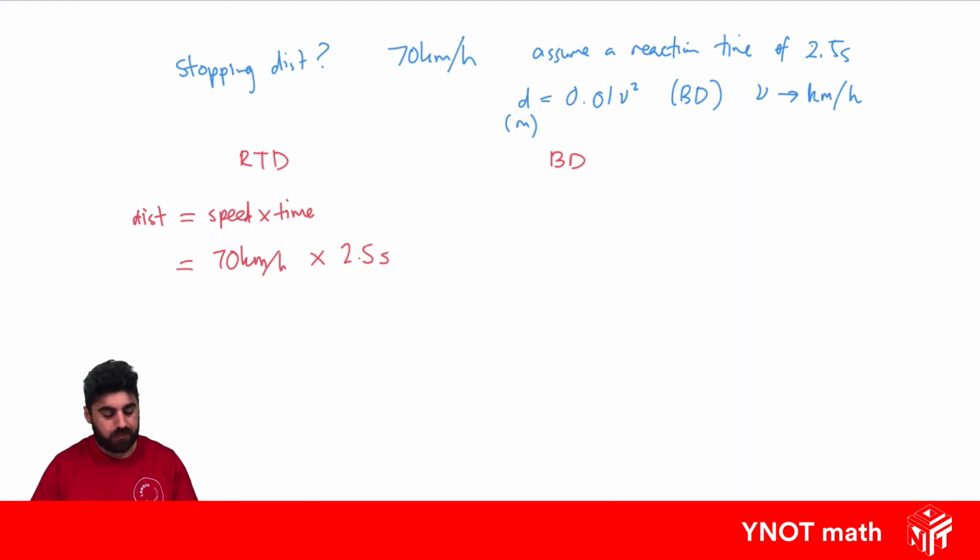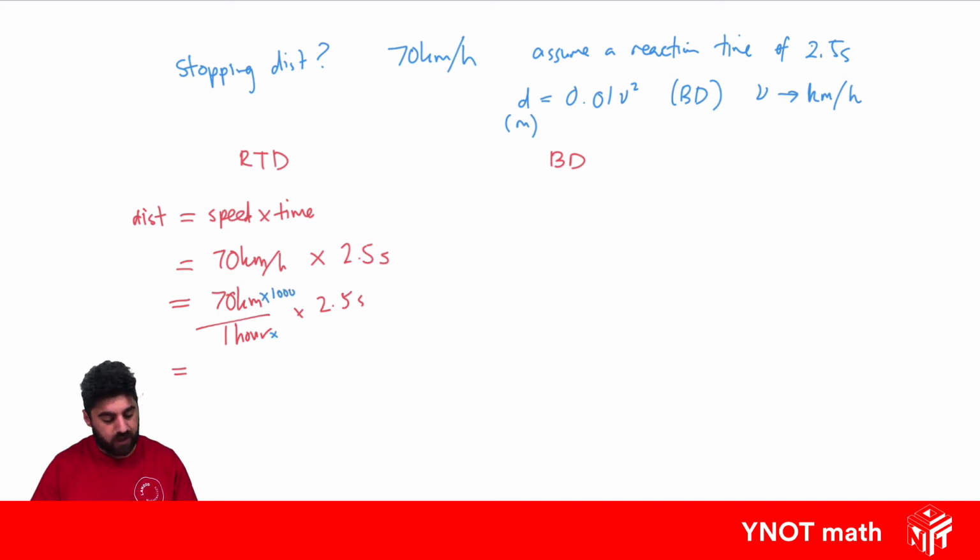But we'd like everything in meters, and we need the time to match up. So we're going to go ahead and change hours into seconds as well, because we've given a time in seconds. So we can rewrite this as 70 kilometers per 1 hour multiplied by 2.5 seconds. So we'll convert 70 kilometers to meters by multiplying it by 1,000.